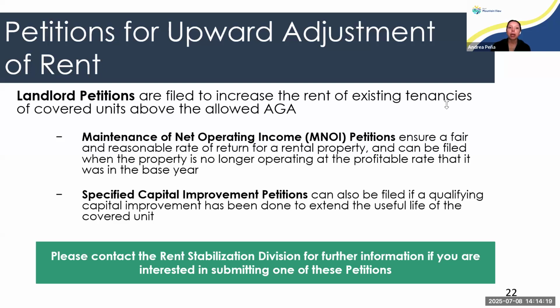This can be filed when a property is no longer able to operate at a profitable rate as compared to the base year. And the second is through a specified capital improvement petition when there is a qualifying capital improvement that has been done on the property.